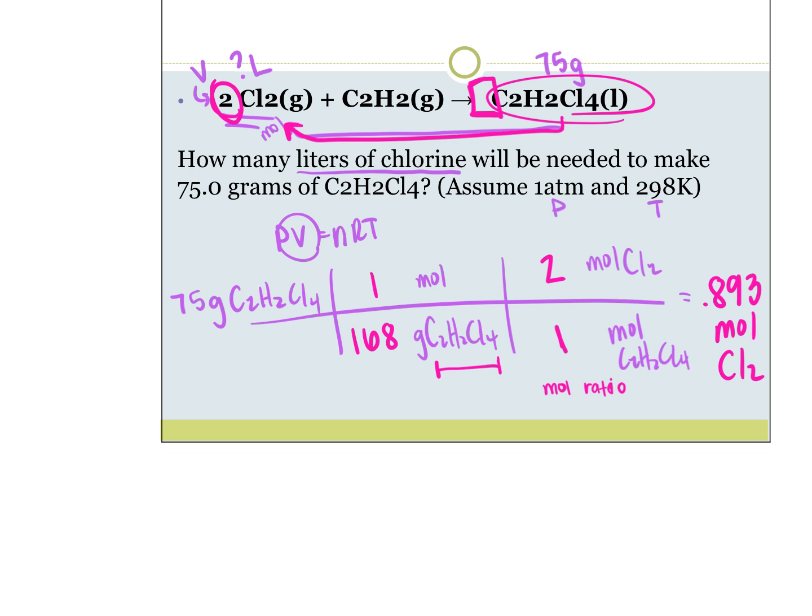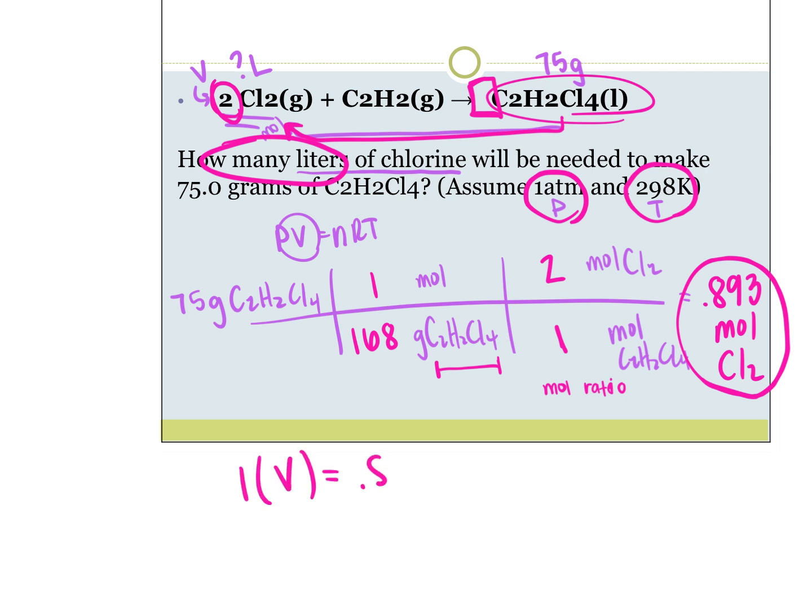And now I look at my ideal gas law and say I've got pressure, I've got temperature, I've got moles, and our goal is to find volume. How many liters, right? So PV equals nRT.